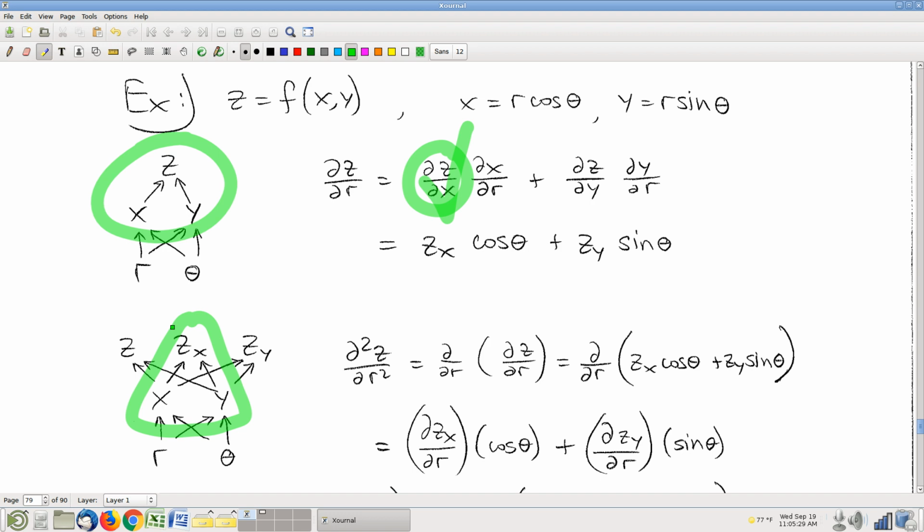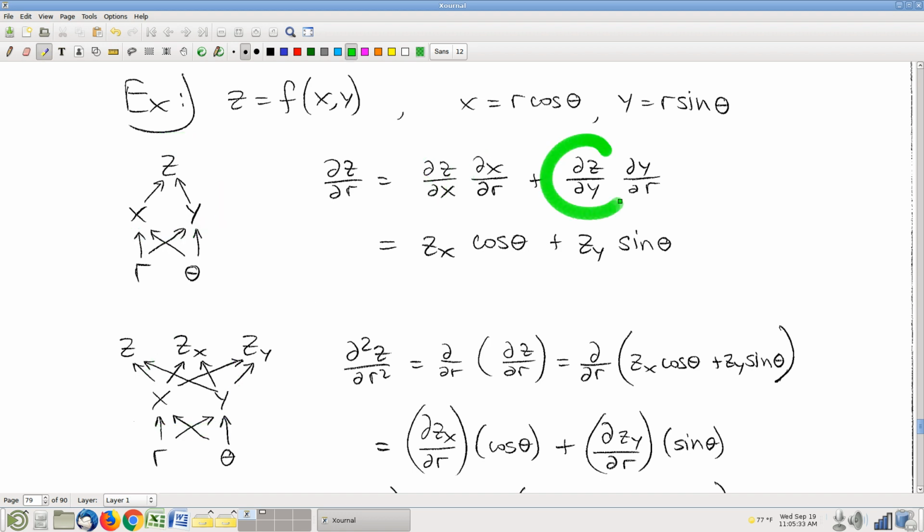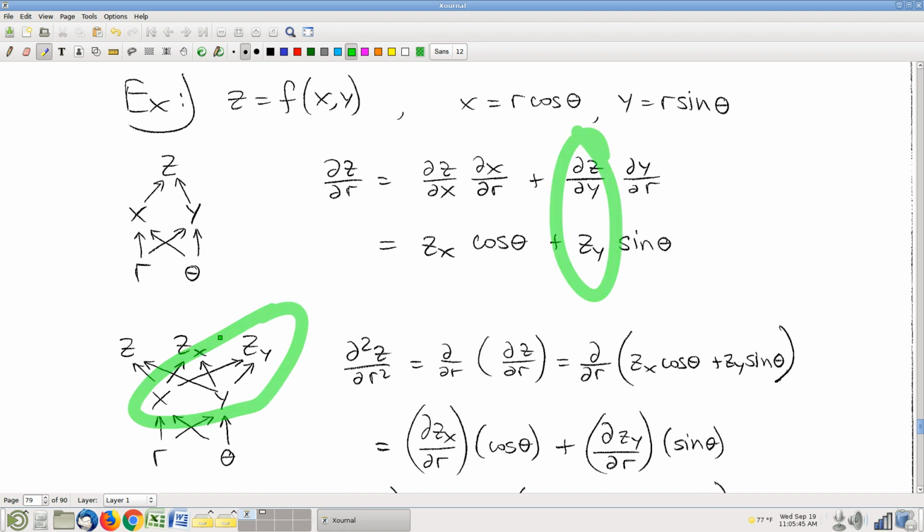Anybody on board so far? Likewise, z is a function of x and y. Take a partial derivative with respect to y. You got another function of x and y. So z_y is a function of x and y. Okay.